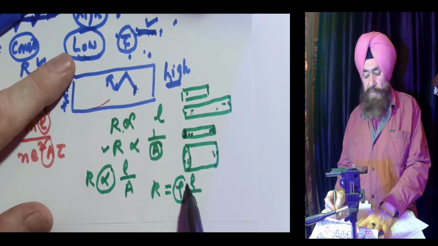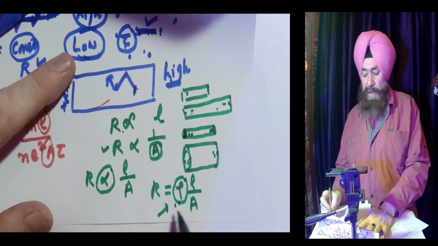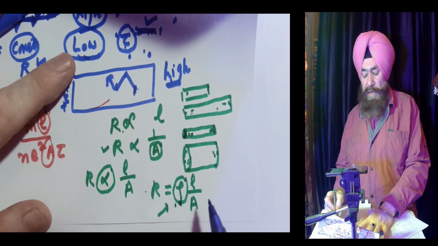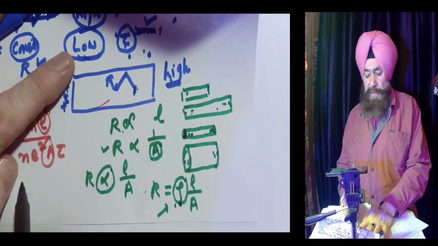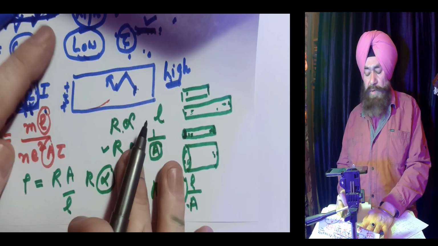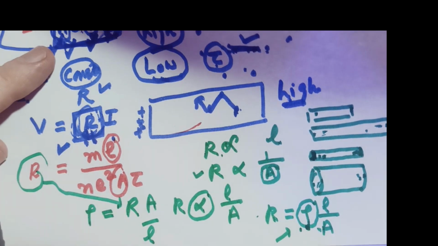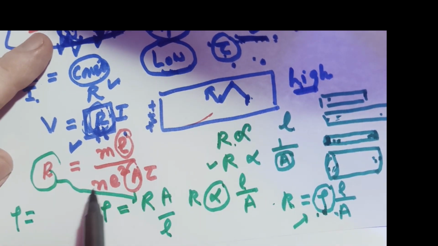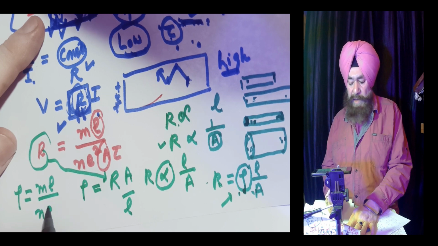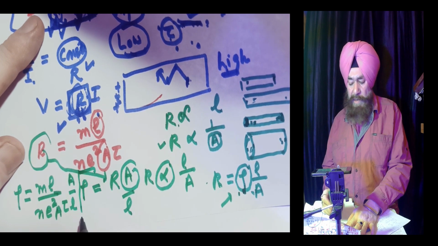Of course, this constant rho is called the electrical resistivity of the material, and rho is equal to R A upon L. If I substitute the value of R here, the resistivity becomes m L upon n e squared A tau, times A divided by L. A cancels, L cancels.